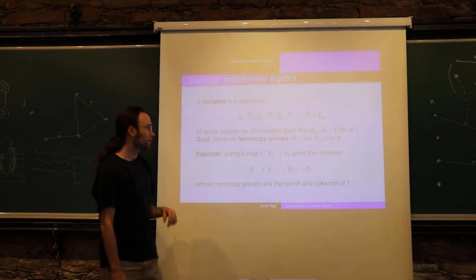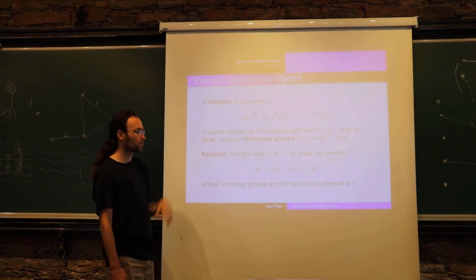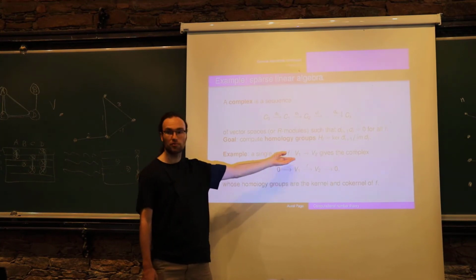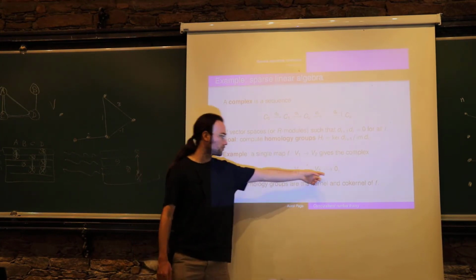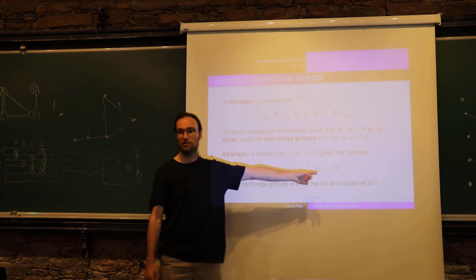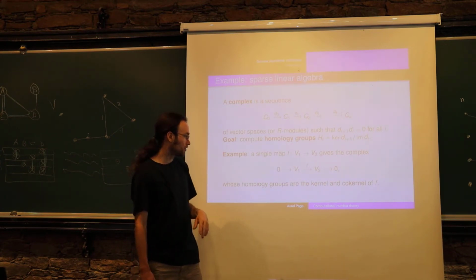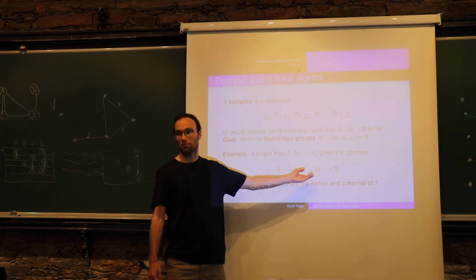This may be slightly abstract, but let me give you a simple example to see that you recover familiar objects. If you simply have a single linear map, you can form the following complex. You just put a 0 at the beginning and at the end, and then computing the homology group is the same as saying you want to compute the kernel and the cokernel of the map.